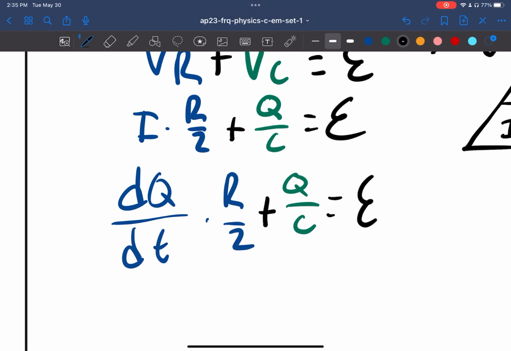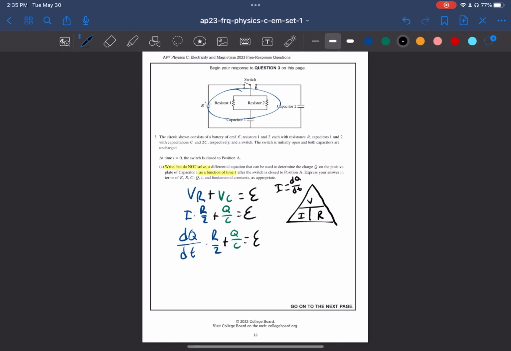Because we have a dQ, we will substitute Q over C in for the voltage of the capacitor as we've done here, and that leaves us with Q over C. We don't have to go any further now. This is a differential equation written, we don't have to solve it. So this is all that we need to do.